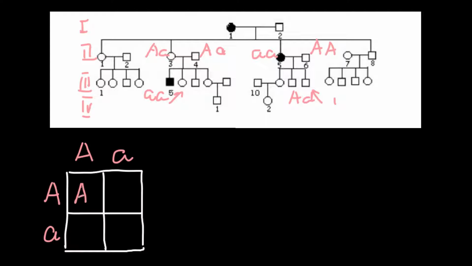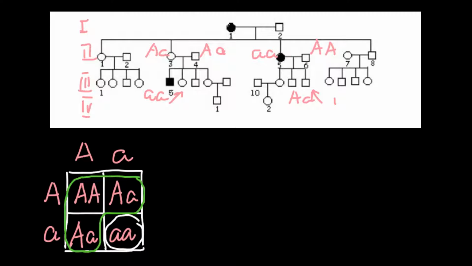So capital A, capital A here, capital A, small a here, capital A, small a here, and small a, small a here. If the child belonged to this last group, the phenotype would be different, just like her brother, affected. But we know that her phenotype is not affected, so she belongs to the other group.